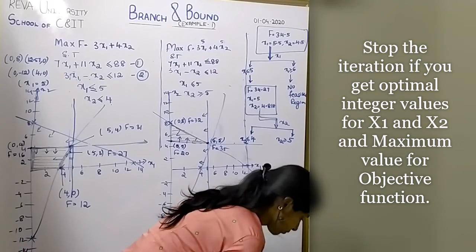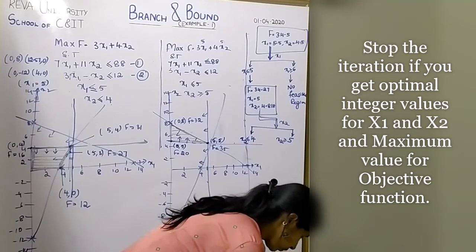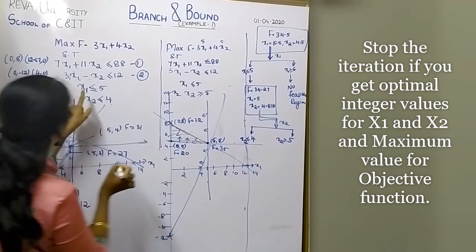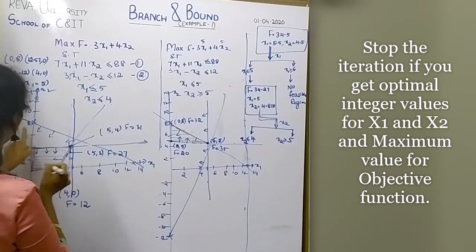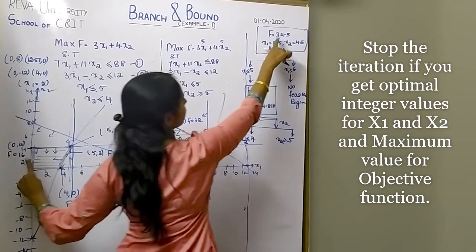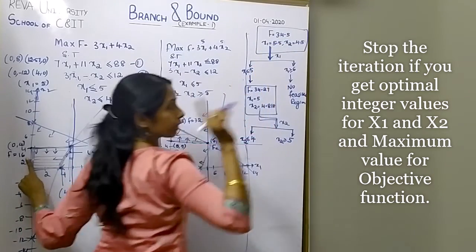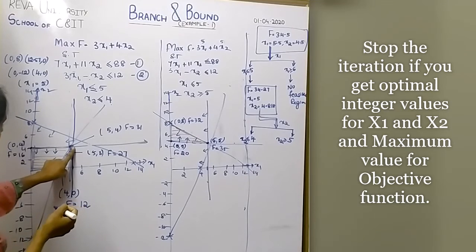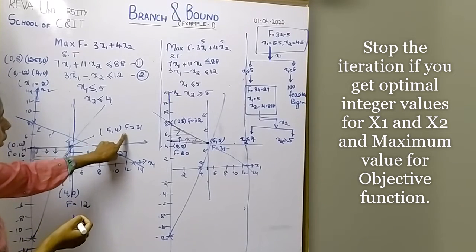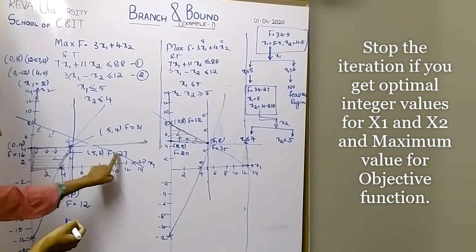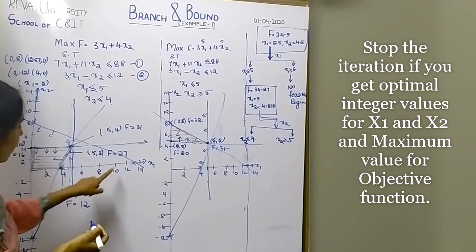Now, select which is feasible and optimal. If I consider x2 less than or equal to 4, what are all the points I will get? 0, 4, f is equal to 16. Our expected objective function is about 34, so this is less, and we'll leave this. For 5, 4 you will get 31. For 5, 3 you get 27.